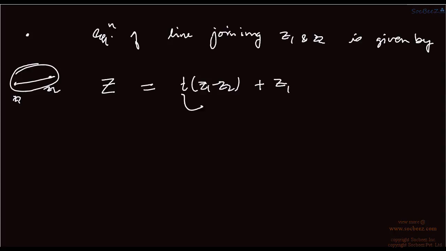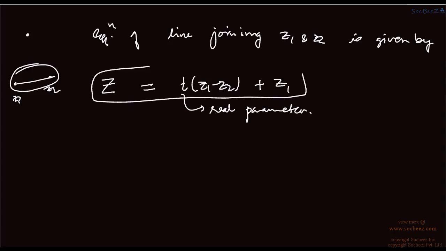Fine. Where t is a real parameter, not a complex parameter. So this is the equation of the line. First of all, subtract, then z1 minus z2, then z1 plus t times that thing, z1 minus z2, gives z. Okay, so you can write it as the equation of the line joining z1 and z2.